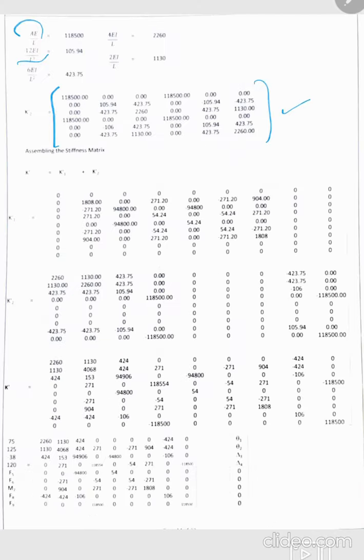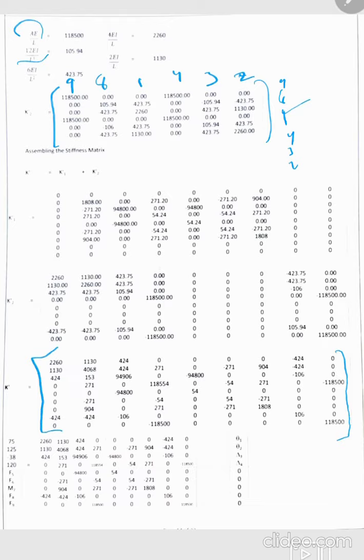Here we have, because we need this one to collect all the cells or elements of the K total matrix. Okay, then this is our K total.